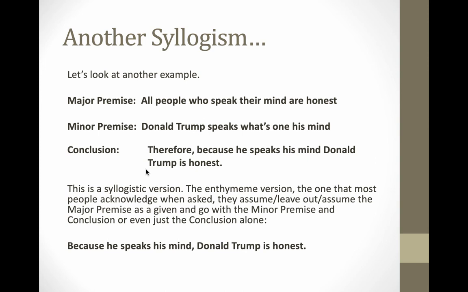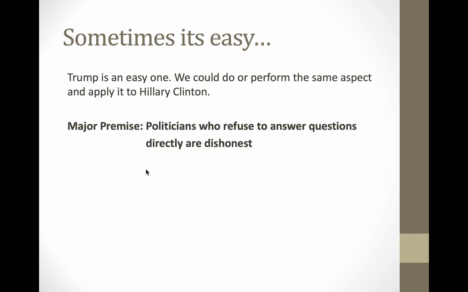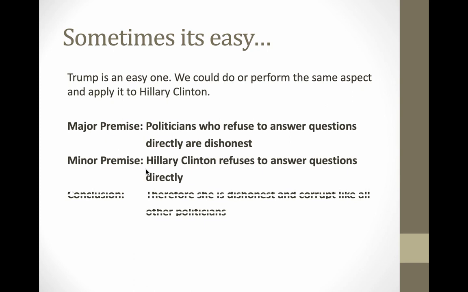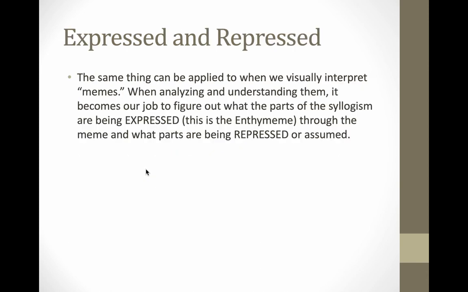And it might look like because he speaks his mind, Donald Trump is being more honest maybe than other politicians, perhaps. Of course, you can do the same thing for Hillary Clinton. The idea that she's corrupt because she refuses to answer direct questions or dishonest. And again, this is relying on the fact that in most of these situations, the major premise is something that an audience or some audience is bringing to the situation and assuming.